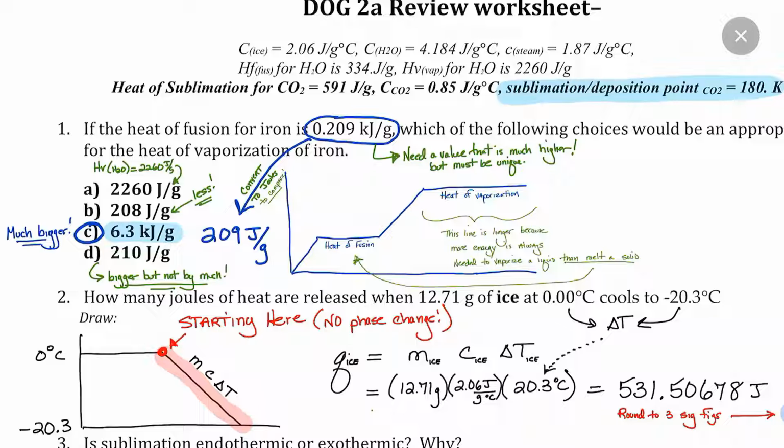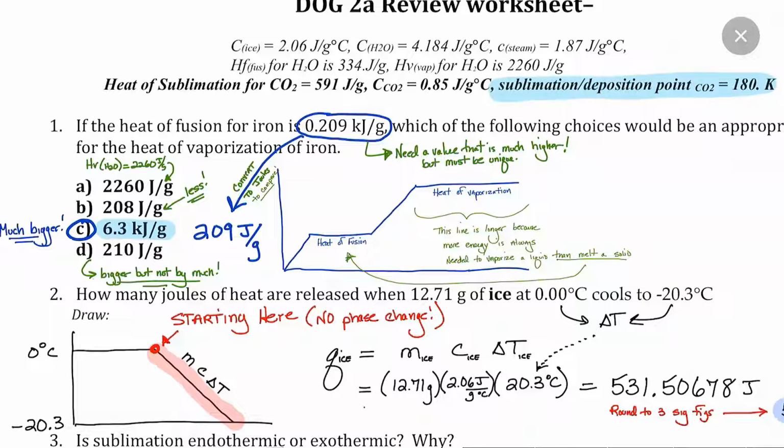So we're starting at this point right here, and of course we're going to essentially go down to negative 20.3. So this is not a phase change. I have ice at 0 and it cools to negative 20.3. So we're still in the solid phase. We should all be aware that this is the solid phase here, and of course, that's what we have.